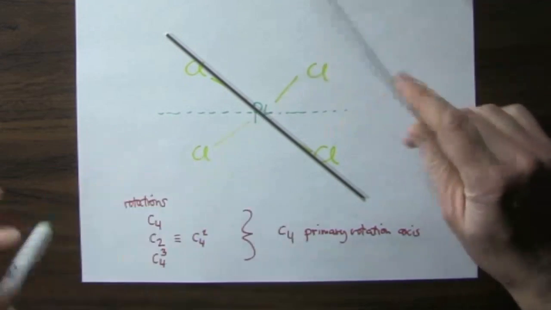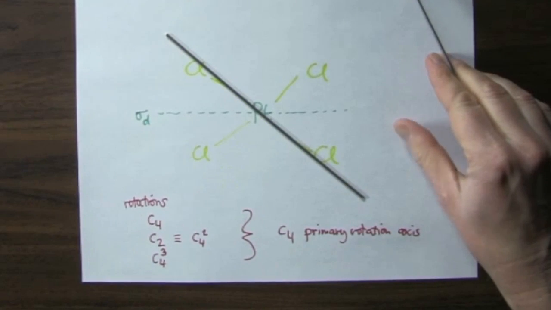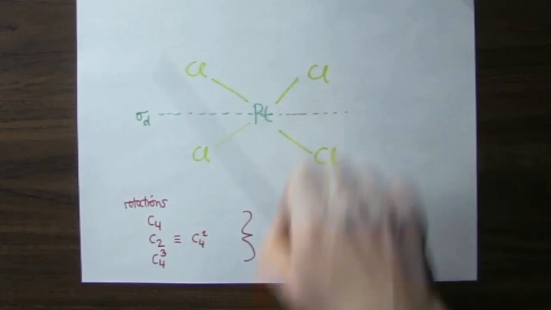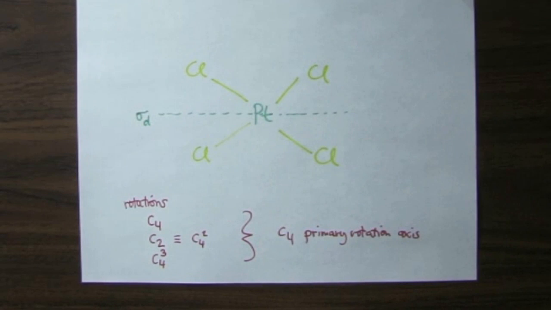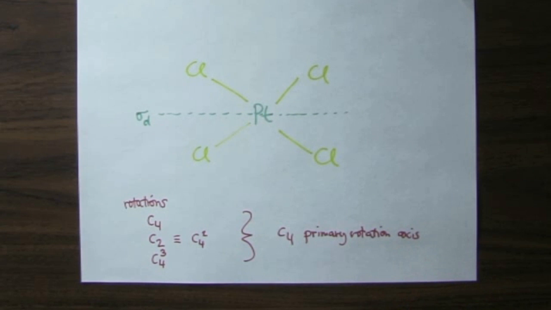So that is a dihedral type mirror plane. And there are many other mirror planes in this molecule which we'll see in a little bit after we finish looking at our elements and operations.